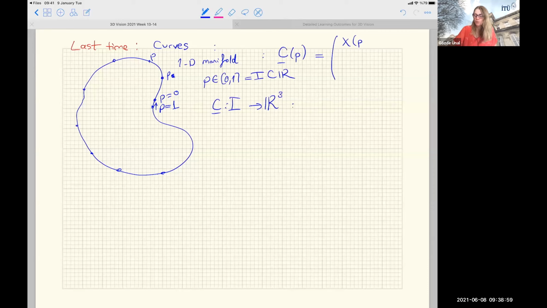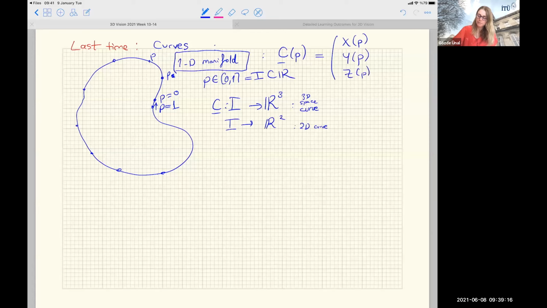A 3D space curve, but it's a 1D structure actually. Or if it's a 2D planar curve, R goes to R2. If it's a 3D space curve, I have my mapping to a 3D vector, remember.